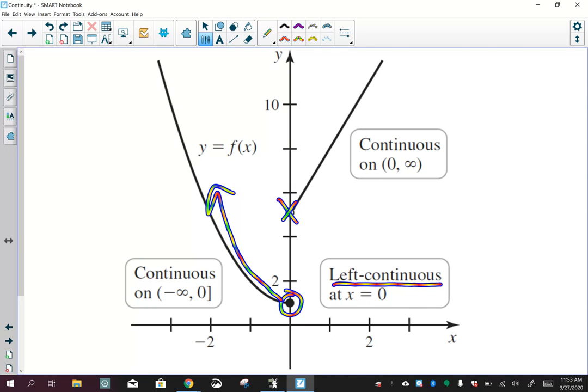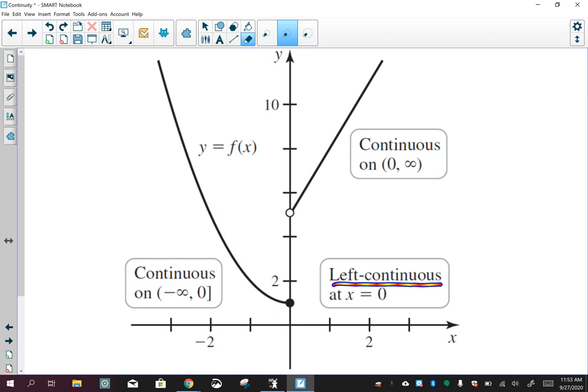As I move forward and keep going with the graph, I have to remember that I am not defined when I go to the second piece up here. So I have a parenthesis, I'm going to start at 0, but I have a parenthesis and I'm going to run off into infinity. So I am not right continuous here. I'm only left continuous. We primarily talk about left and right continuous again on piecewise functions because when we're dealing with piecewise, we're dealing with pieces of a graph.